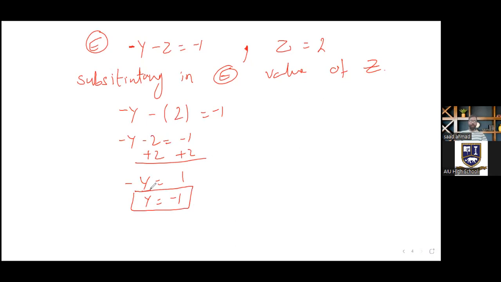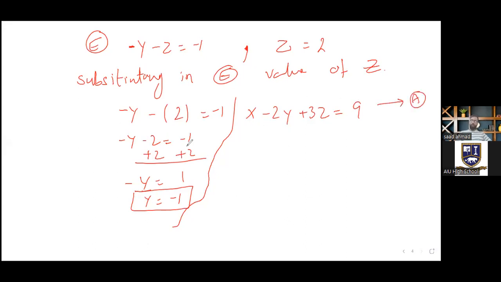So now we got x, now we got y. Now we have the choice. We can use any of the given equations that we had. Let's say I'm using a now. That was x minus 2y plus 3z. That was the equation a that we have.